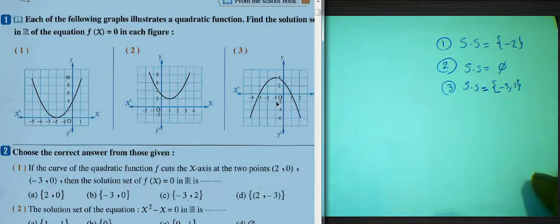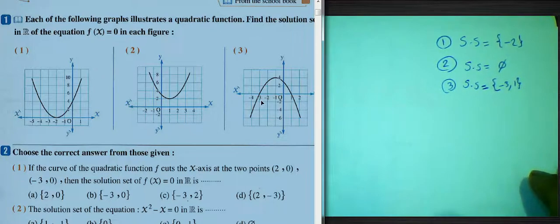So if you want to solve the equation, we must look at the intersection of the x-axis and the curve. Intersection at -3 and 0, and 1 and 0, and this will be the solution set of the equation: {-3, 1}.